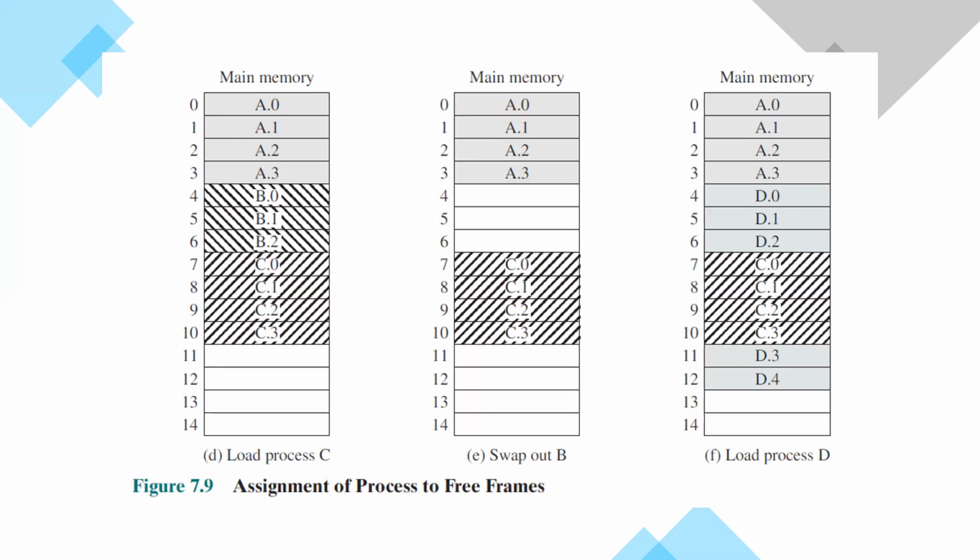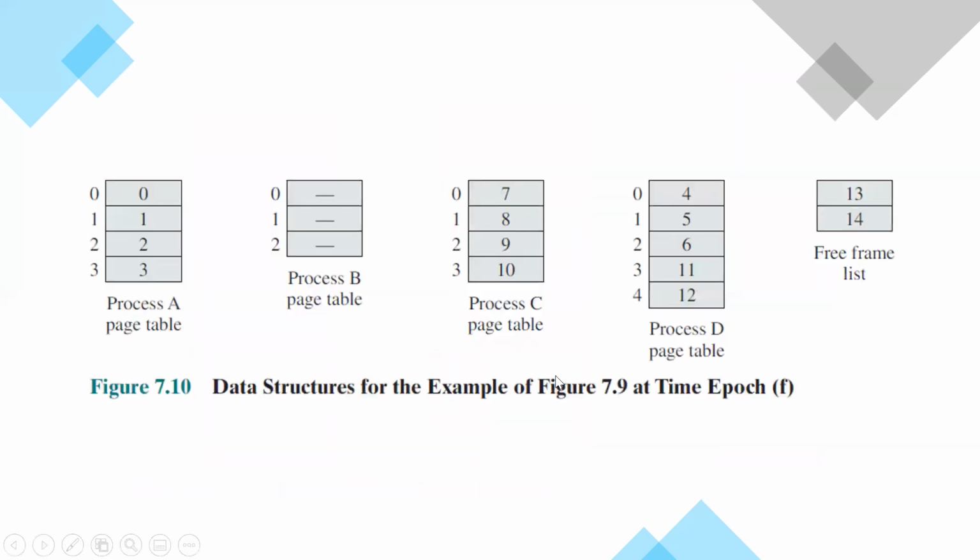In continuing our example, the 5 pages of process D are loaded into frames 4, 5, 6, 11, and 12. This figure shows the various page tables at this time.